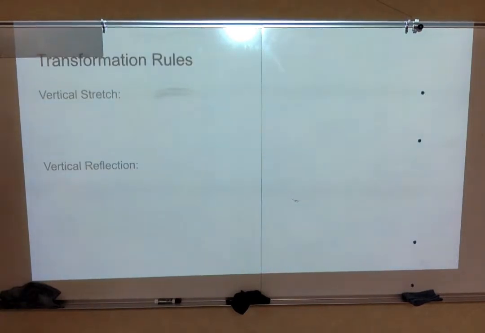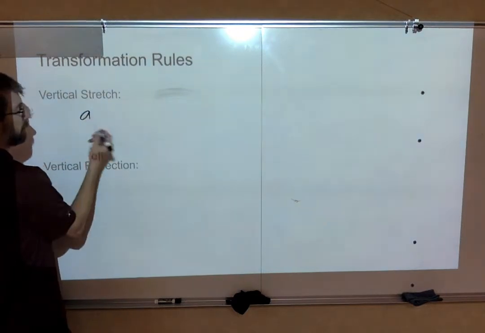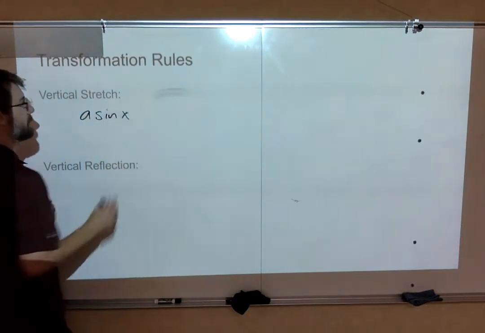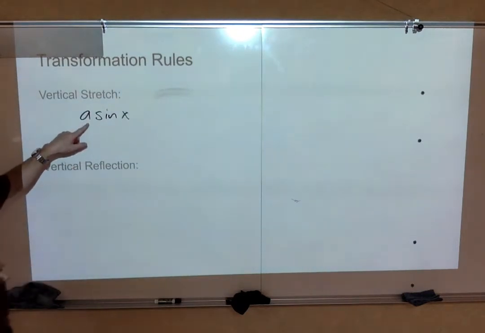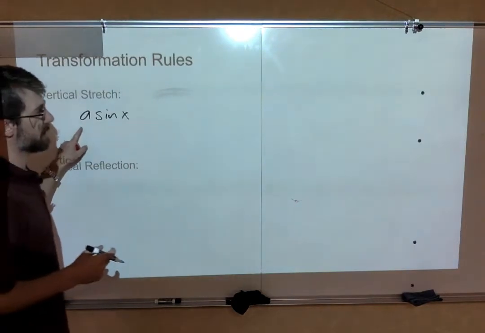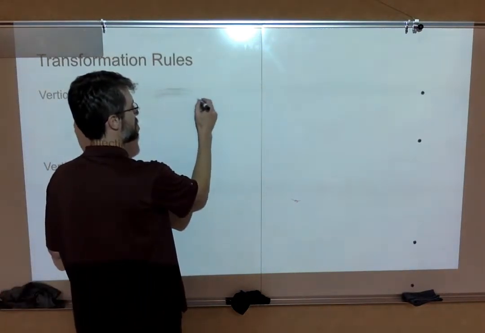So again, our rules for vertical stretches and compressions, I should say. If it is a times sine of x, where we're multiplying on the outside of the parentheses, right? There's no parentheses inside here. So this is a vertical stretch, excuse me.